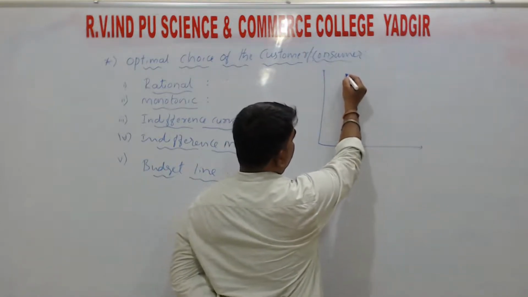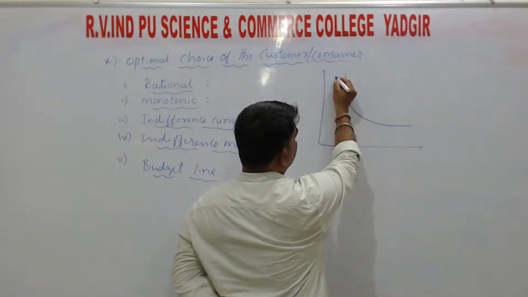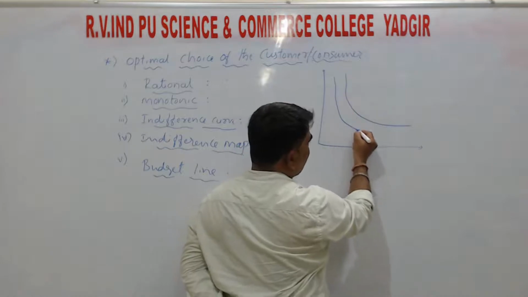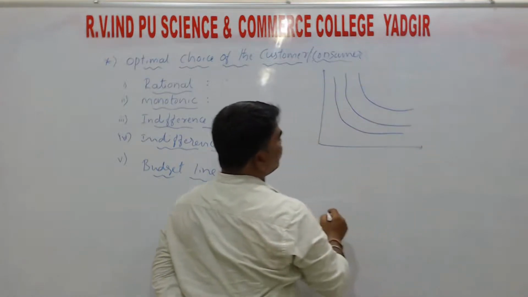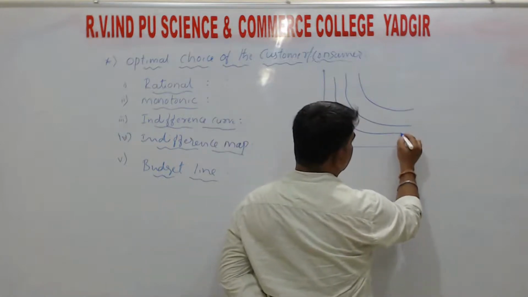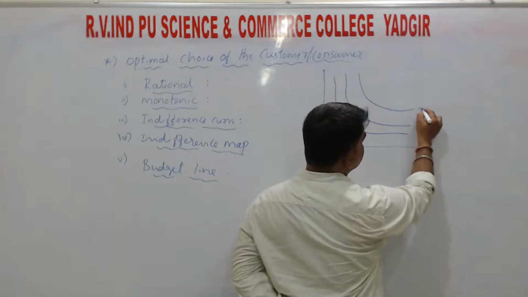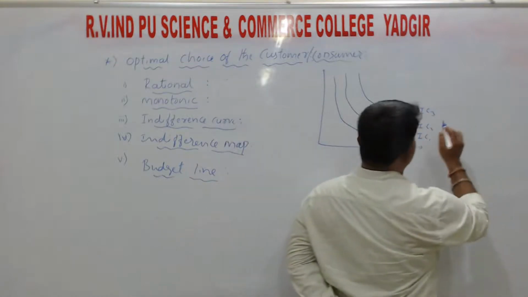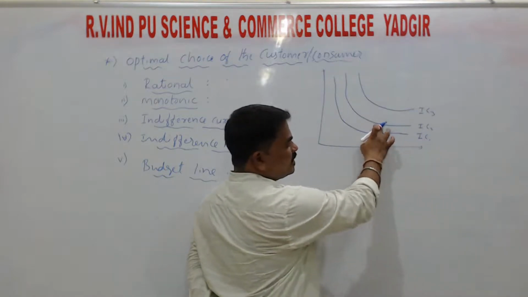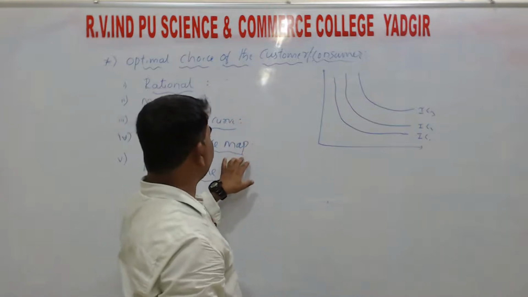Now I will draw an indifference curve because we need this, and I will draw an indifference map also. This concept also we need. Now we have three indifference curves giving us an indifference map: IC1, IC2, and IC3. Correct? So we know what indifference curve means and what indifference map means.